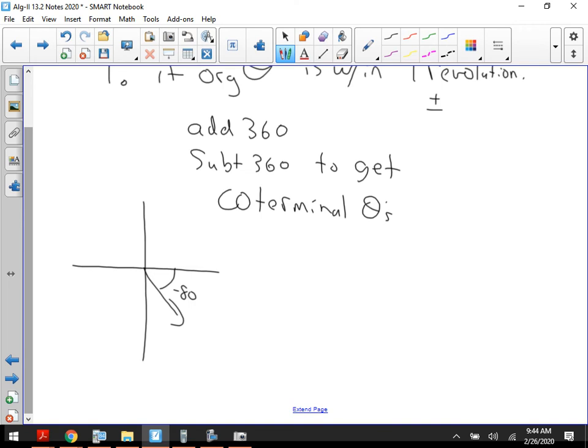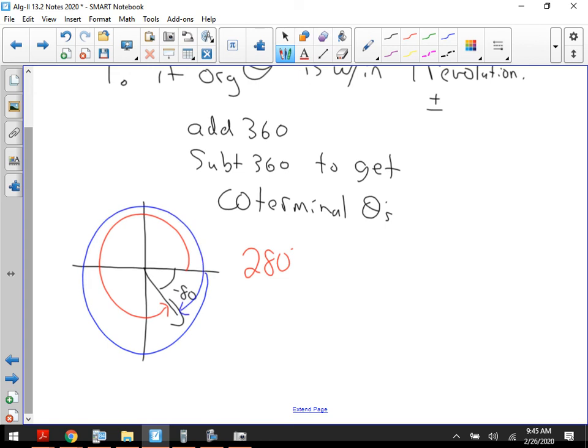I'll show you in a second. So to get the positive of this, I would add 360. If I add 360 to negative 80, what do you get? Right, so your positive would be 280. If I go more negative, I'm going around again.